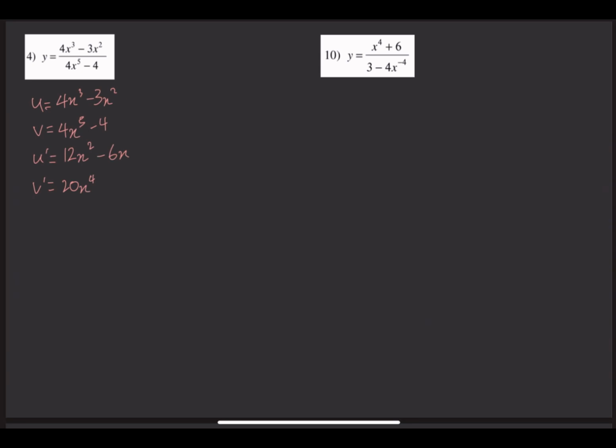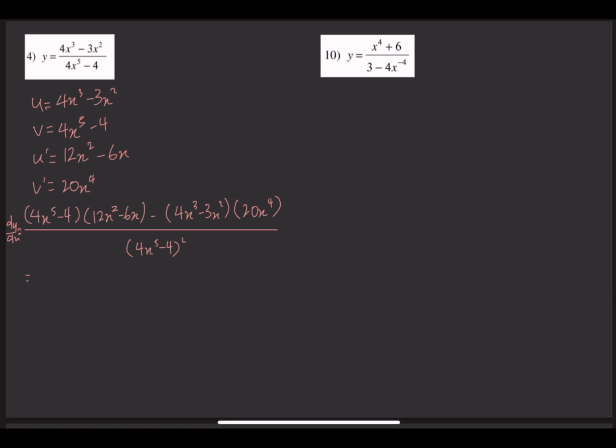We take the second part, 4x to the power of 5 minus 4, then differentiate the upper part, minus taking the upper part multiplied by differentiating the bottom part, divided by the bottom part squared. Or we forget to write the dy/dx symbol.